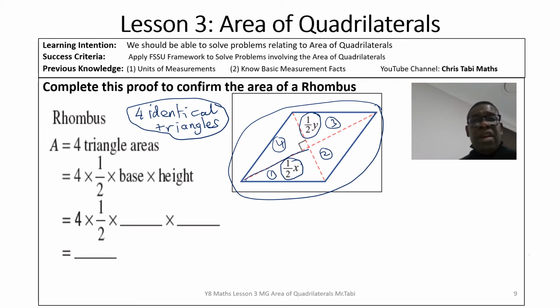So the area of the rhombus will be equal to the area of those 4 triangles. Let's just put it here. That's the area of the 4 triangles. But for a triangle, we know that it is half base times height.